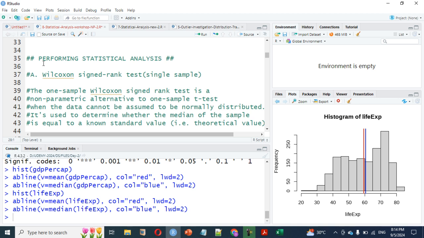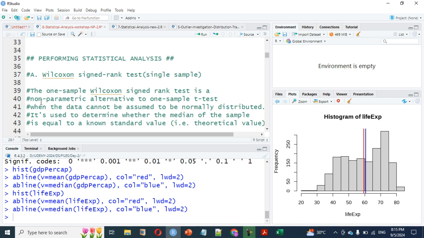They rank the data from the lowest to the highest.